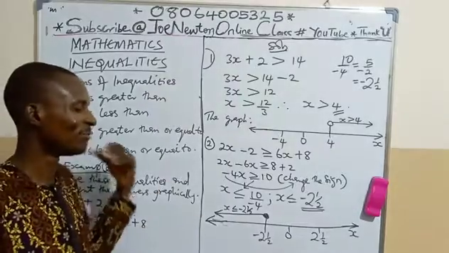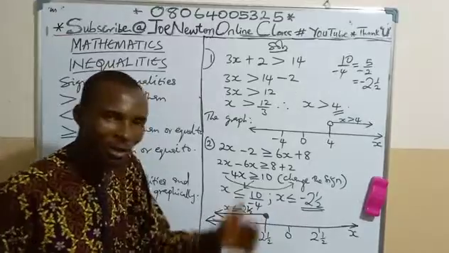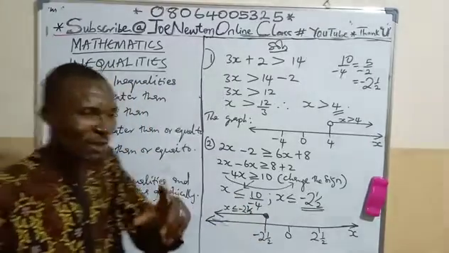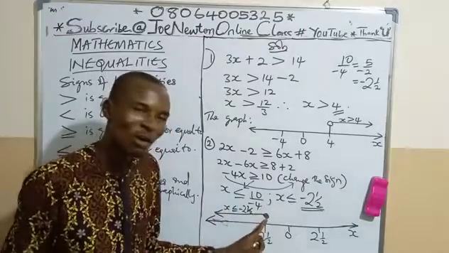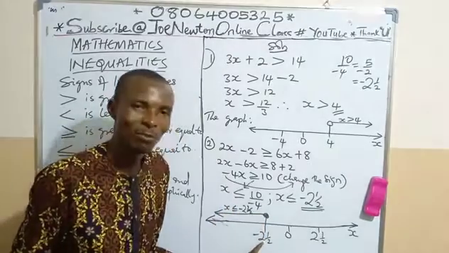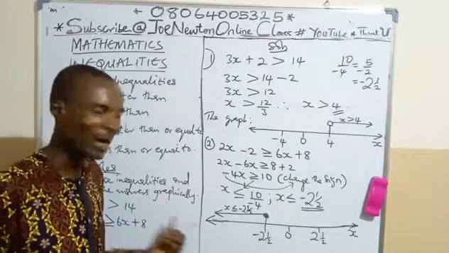All those negative values below this, the value of x could be any of those, because the value of x in this case includes this. Less than or equal to means that x includes this particular quantity, minus 2.5, or any other value less than minus 2.5.